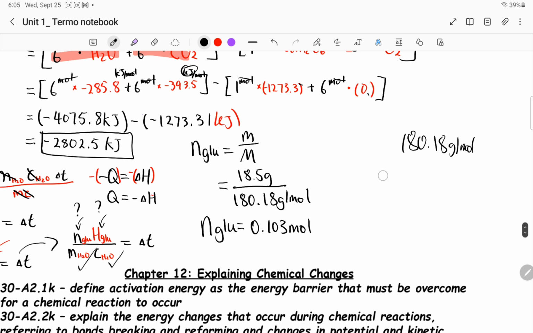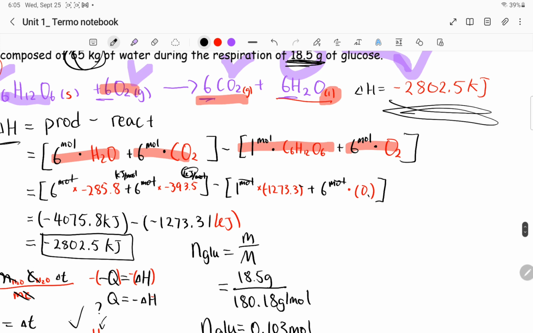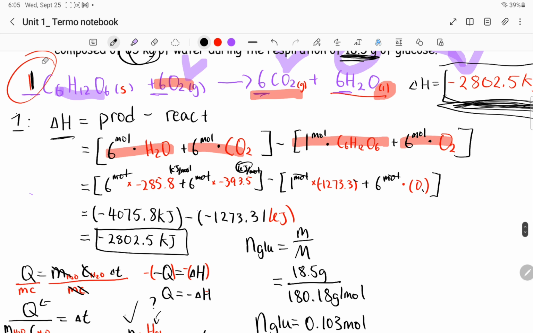So now our final number that we got to find, because now we have our mole, is our molar enthalpy of respiration for glucose. To find that, that's where we use this number that we calculated. Now that's only your delta H. We want molar enthalpy. You got to bring in the coefficient, right?